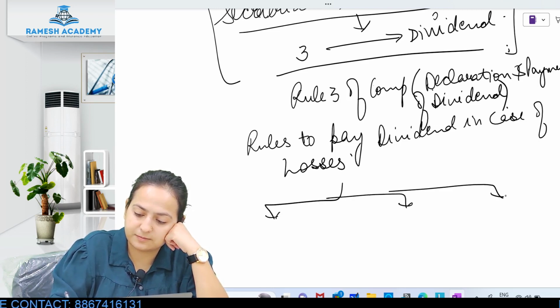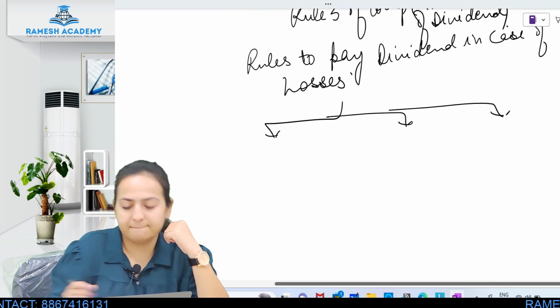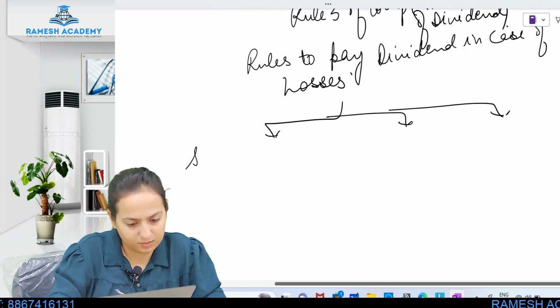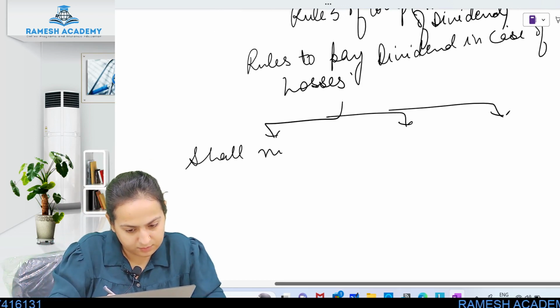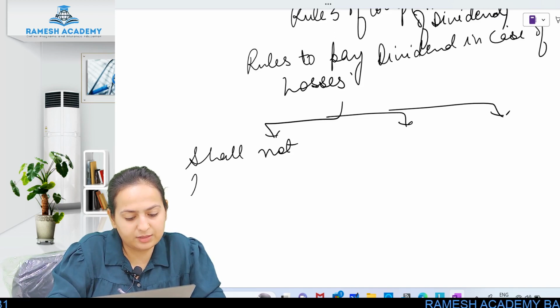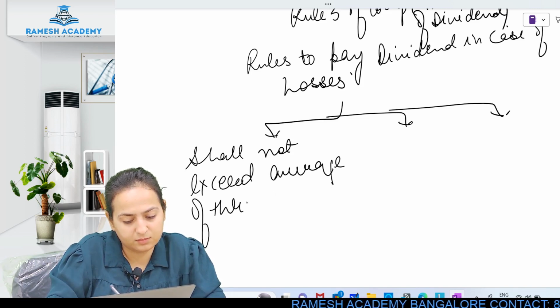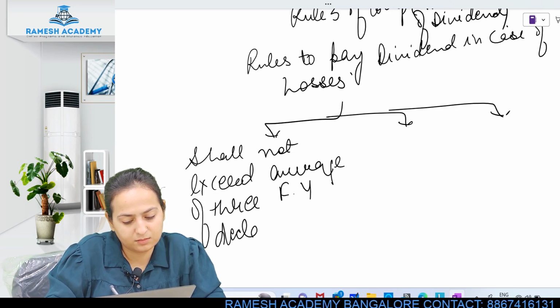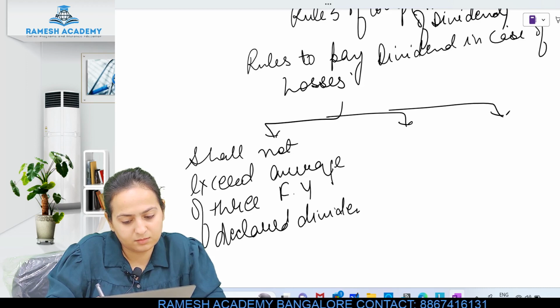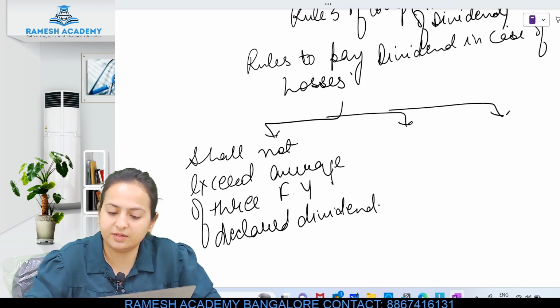First is, it shall not exceed the average of 3 financial years' declared dividend.